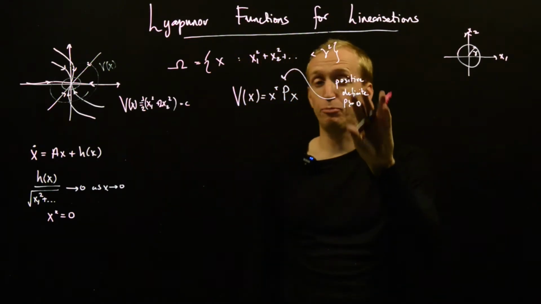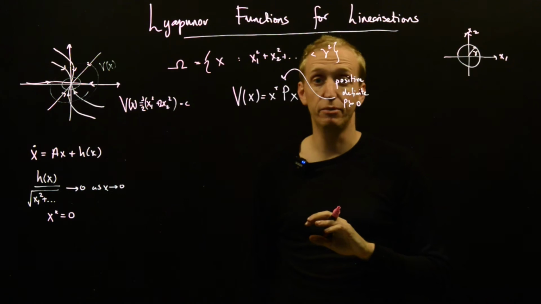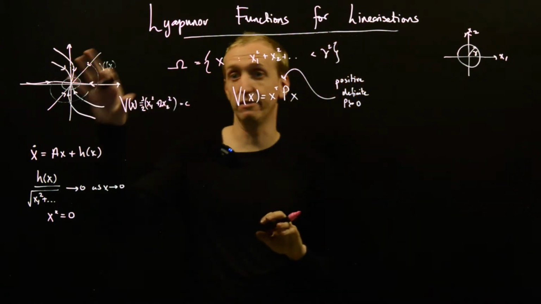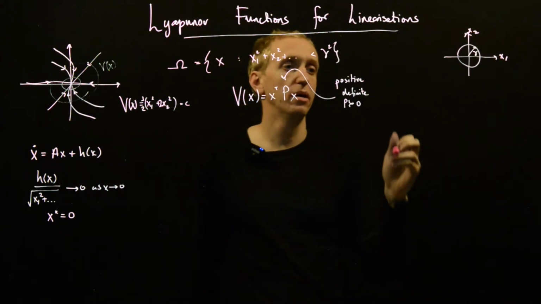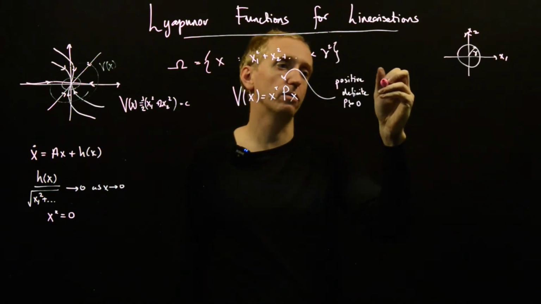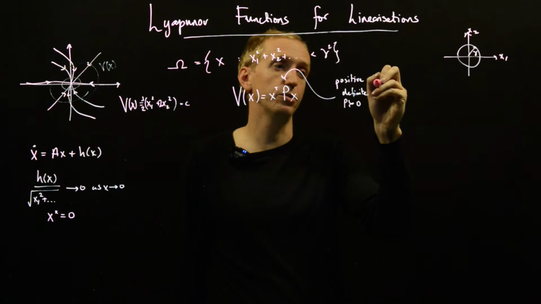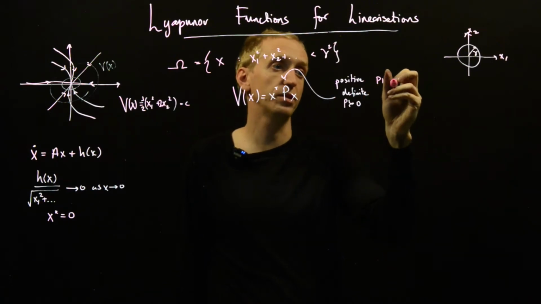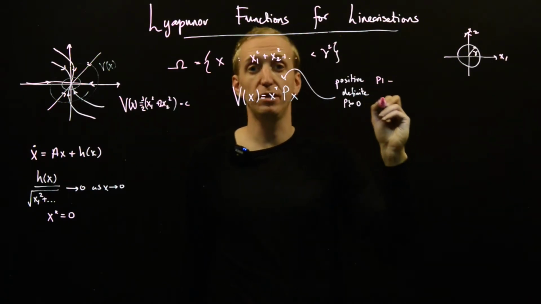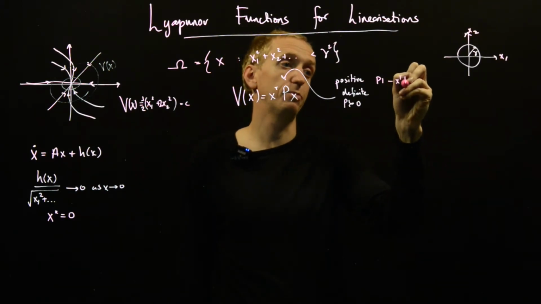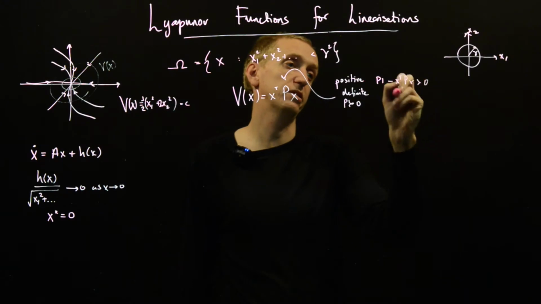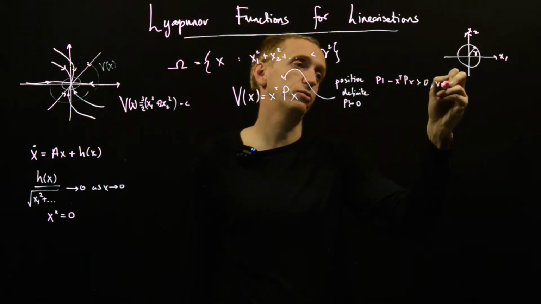So what are the various properties of these positive definite matrices? Well, the first one is that they give Lyapunov functions with ellipsoidal level sets. What are the other properties? Let's list out some useful ones, and I believe there's more detail in the lecture notes. Property 1: given a positive definite matrix, x transpose P x is greater than 0 for x not equal to 0.